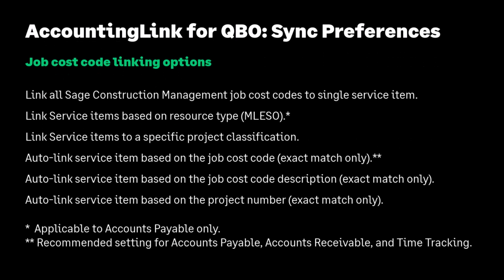There are several options or methods to do this. Keep in mind that when we talk about these methods, we're talking about cost. When we're done with this process, you'll still use QuickBooks Online to manage your general ledger and chart of accounts. You'll still reconcile your bank accounts and credit card liability accounts in QuickBooks Online.